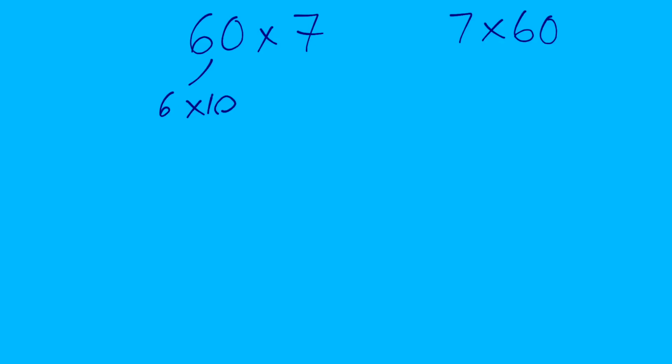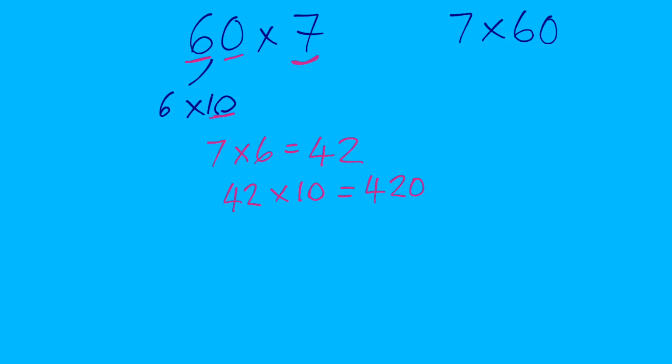So instead of trying to do the whole thing at once, I've got the 7, and I'm going to times the 7 by 6 first of all. And 7 times 6 is 42, and then I'm going to times it by the 10. So I'm going to do 42 times 10, which is 420. So 60 times 7 is 420.